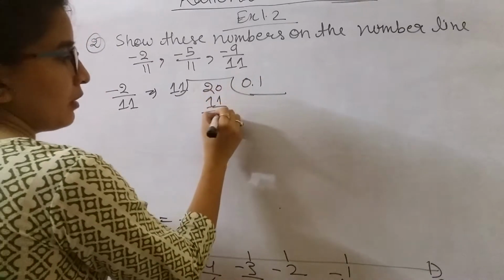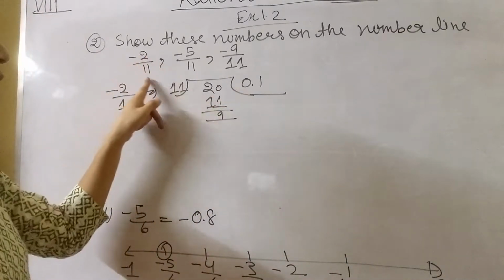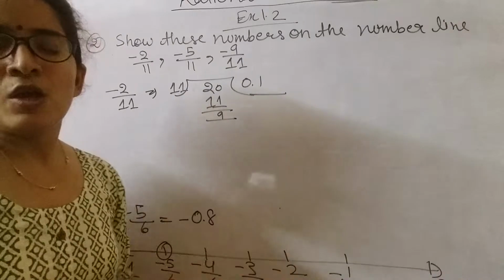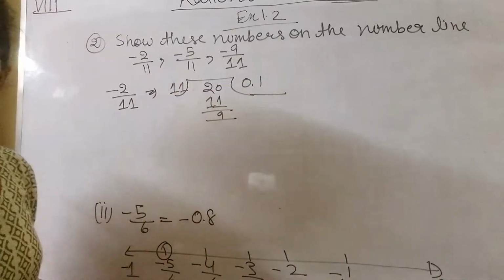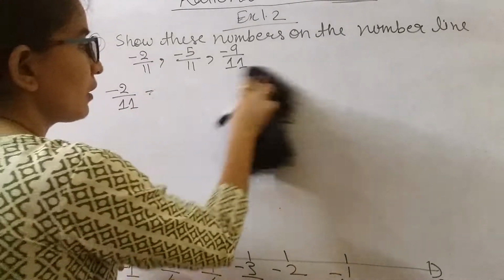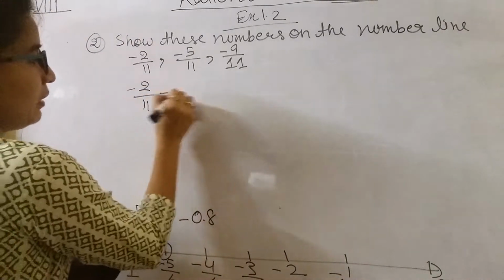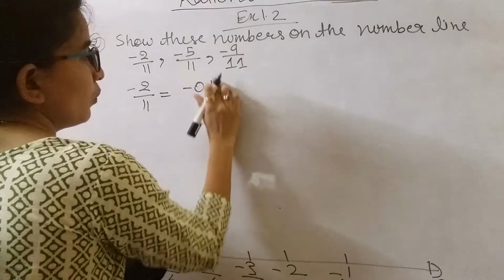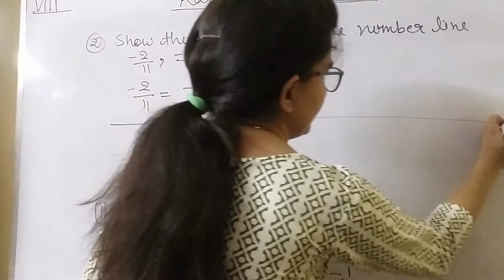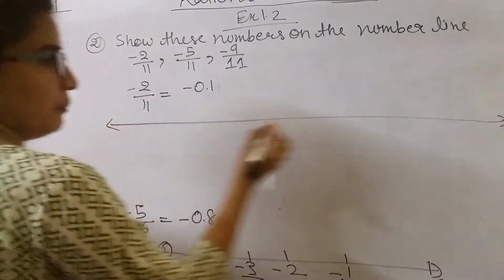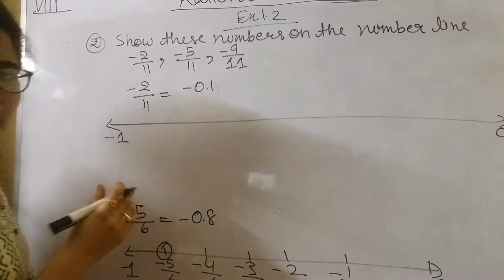So I can see that minus 2 upon 11 is 0.1, so minus 2 upon 11 will be minus 0.1. So that will remain between 0 and minus 1.